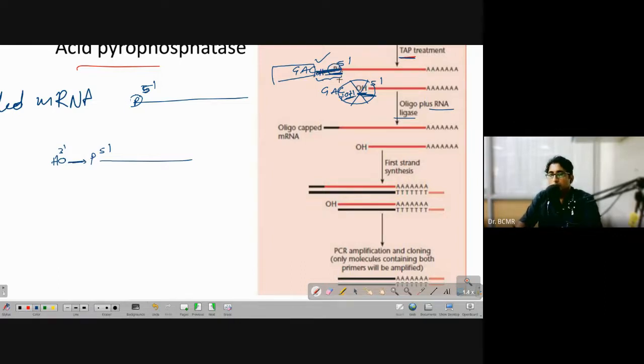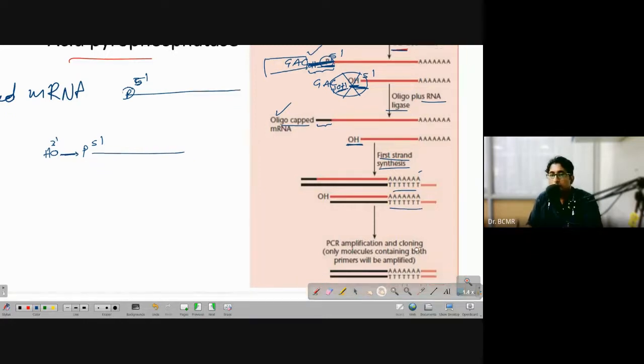So the full-length mRNA would get oligo capped. This is the oligo that has been added. Whereas the partial or truncated one will not get any oligo. Now we know the 3' end, we will synthesize the first cDNA strand by using oligo T.